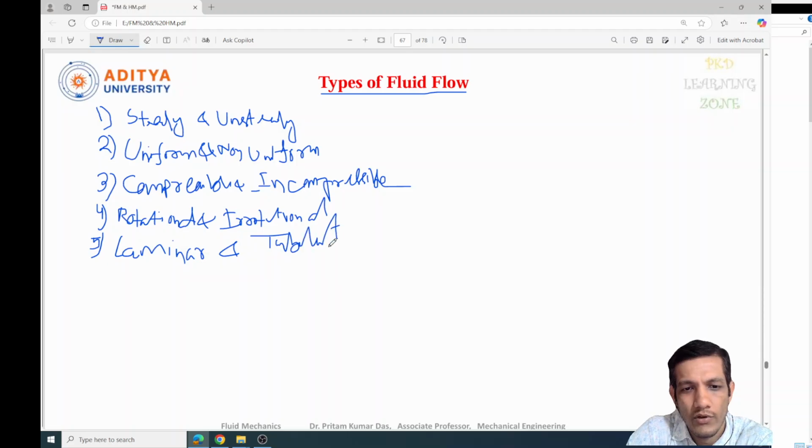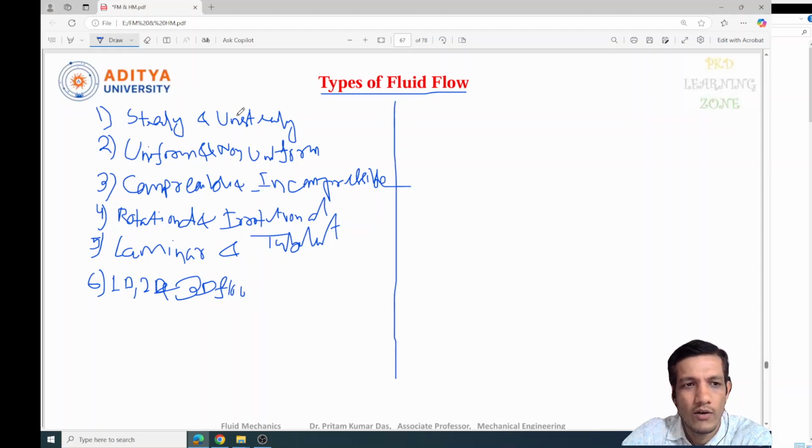And the last one is one dimensional, two dimensional and three dimensional flow. These are the types of fluid flows. So we'll discuss one by one all these flows.